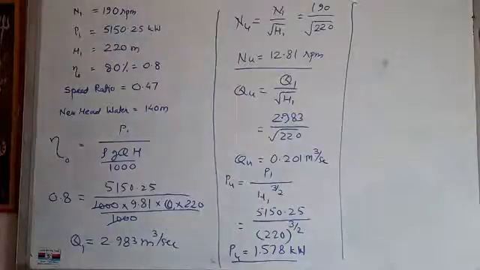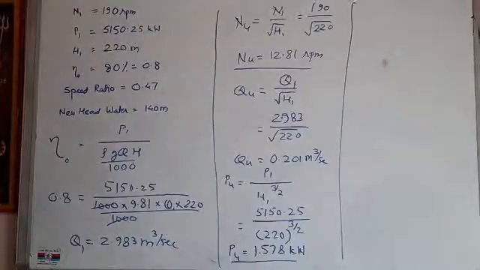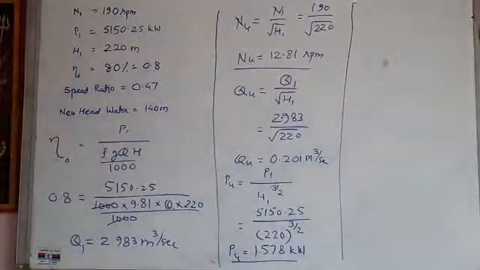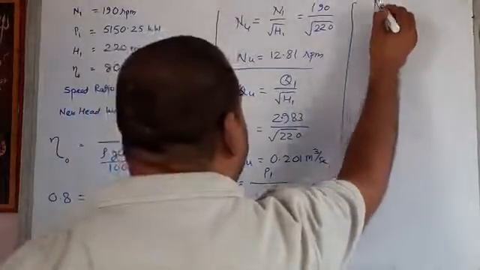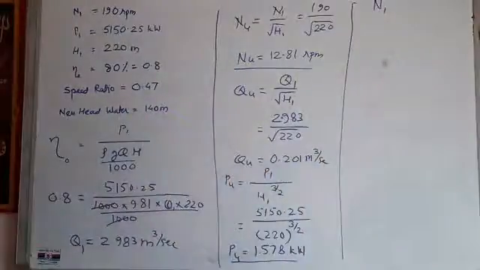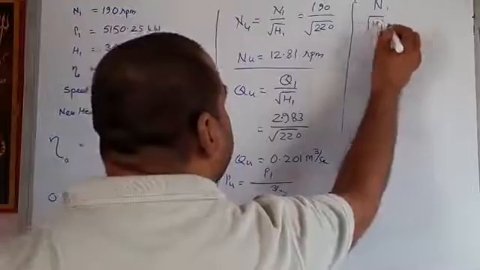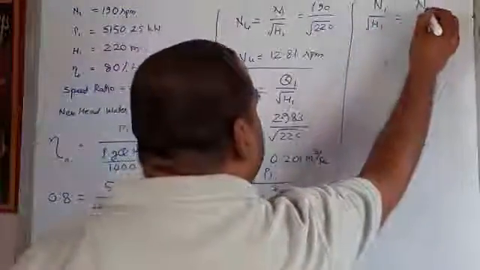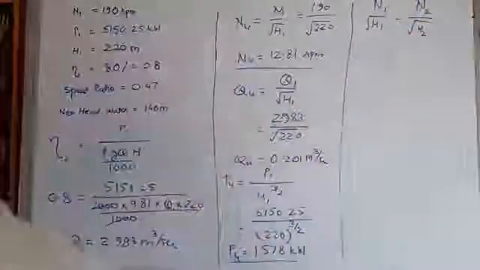When the turbine is working under a new head of 140 meter, the speed, discharge and power are required. For speed, N1 by root H1 equals N2 by root H2.